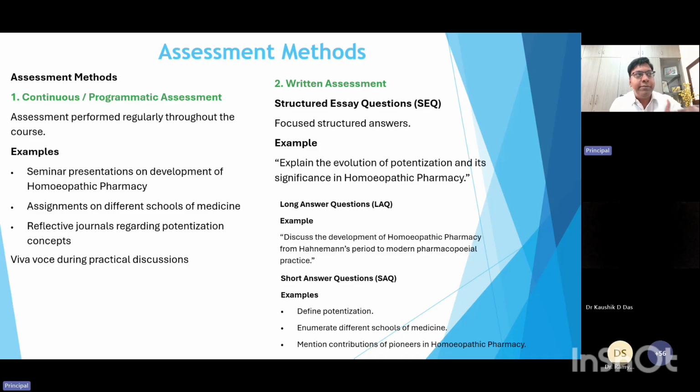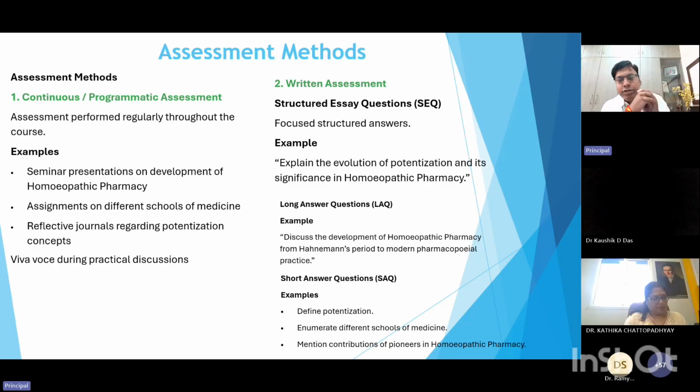This will come under this assessment method, continuous programmatic assessment. So under every topic, different learning methods and different assessment methods are given. How it is to be implemented, I am trying to show you through these slides.